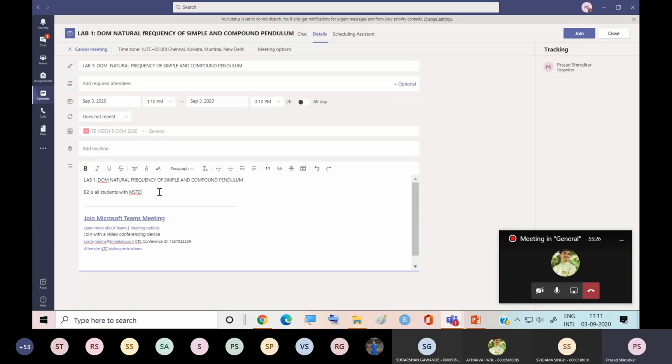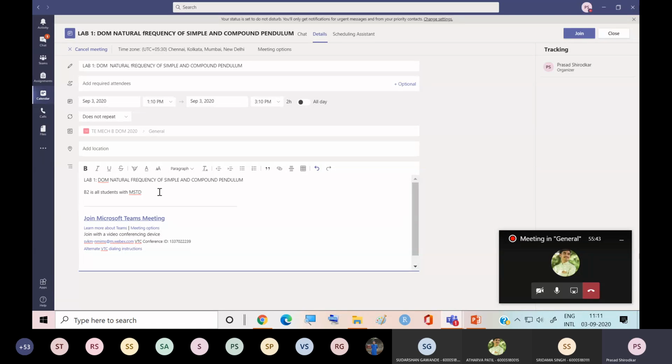You have practicals for PTD and MSTD also, right? If everything is mixed, then uniformity cannot be maintained. So the B2 batch is all the students with MSTD.